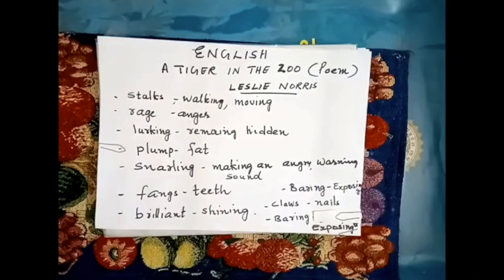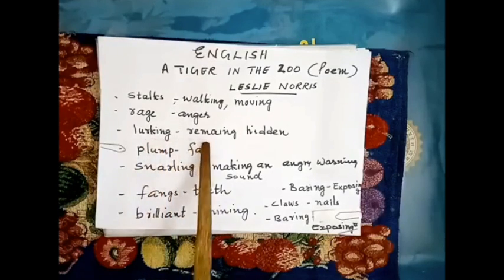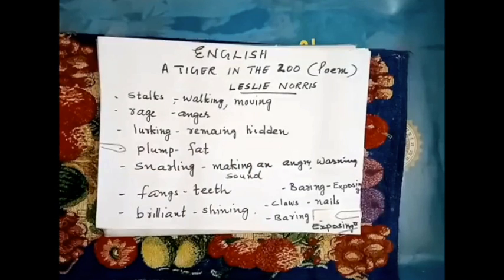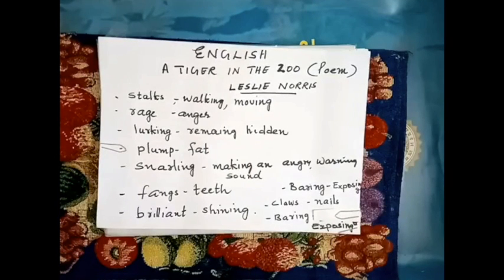In the natural habitat, or in the forest, he must be lurking. Lurking means remaining hidden. Why is it remaining hidden? He has to attack a prey, attack any animal. And tigers attack other animals and they eat them. So in the natural habitat, he'll be hiding.